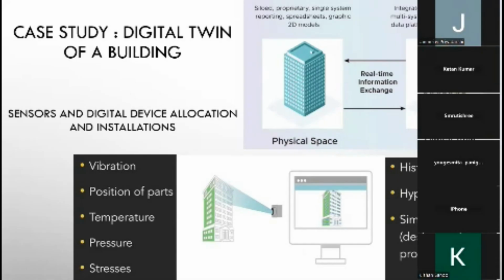Now to create that, we need sensors, digital devices, and allocation and installations of those sensors and digital devices across the building. Let's consider we need to monitor the building from the outside for the external data.